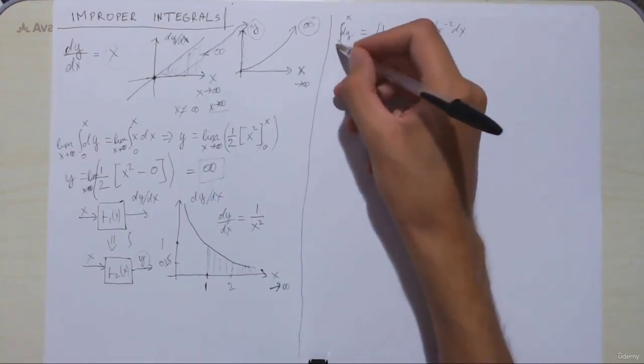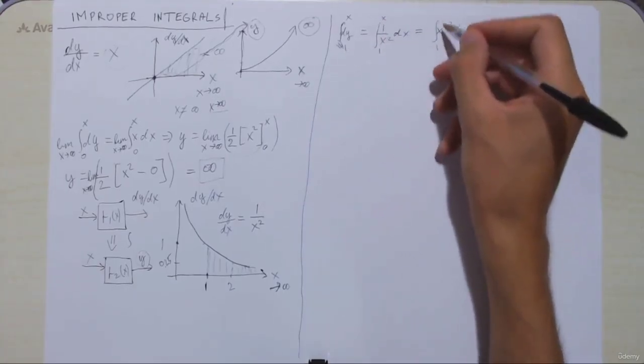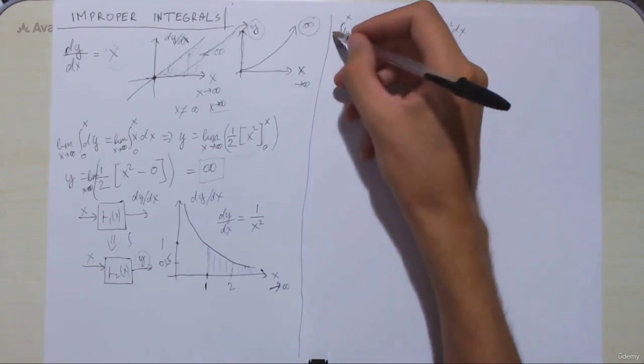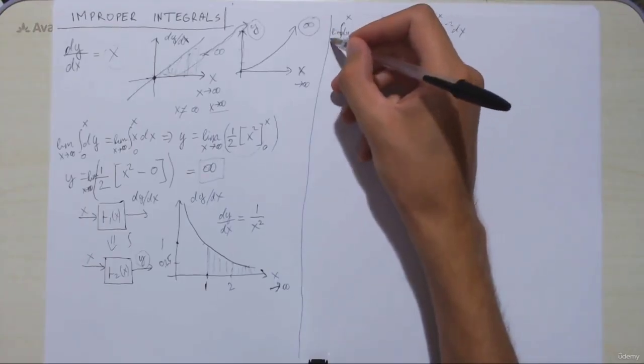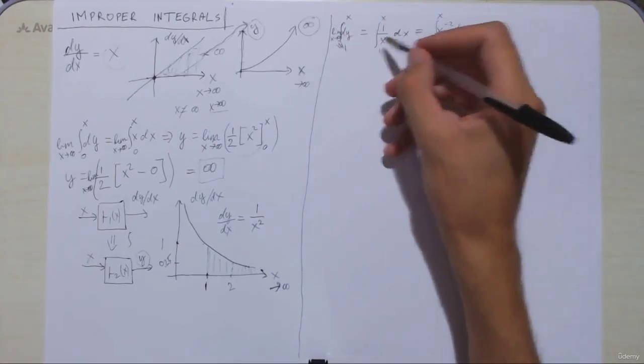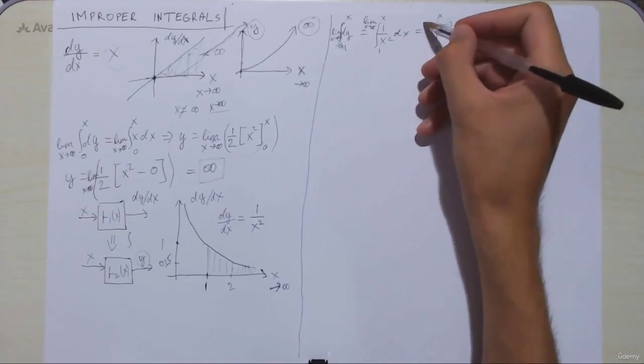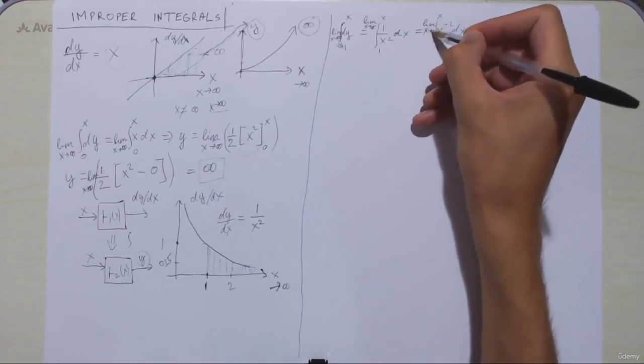Oh, my mistake, from 1 to x. Here we go from 1 to x, 1 to x. But then we should not forget that we have to put the limit here as x approaches infinity, and here as well, limit as x approaches infinity, and limit as x approaches infinity.